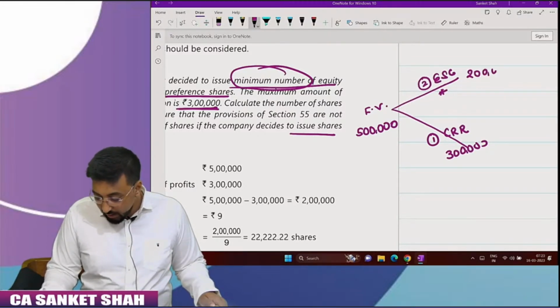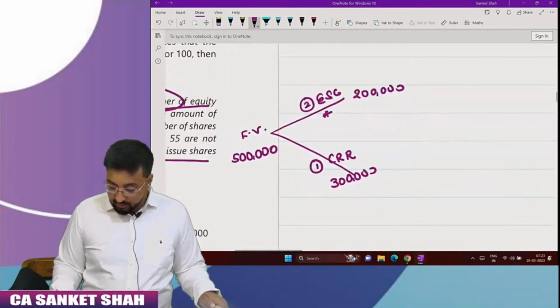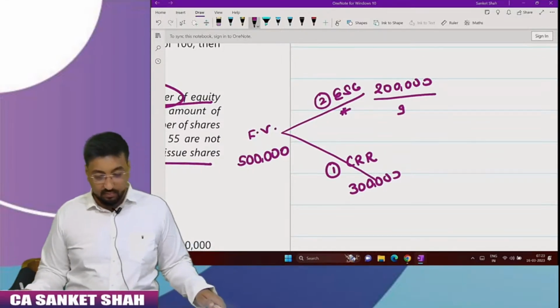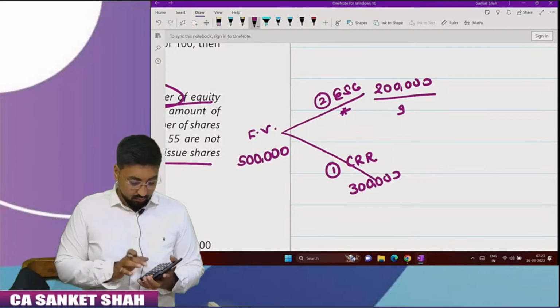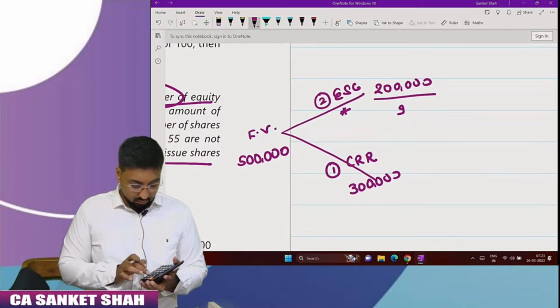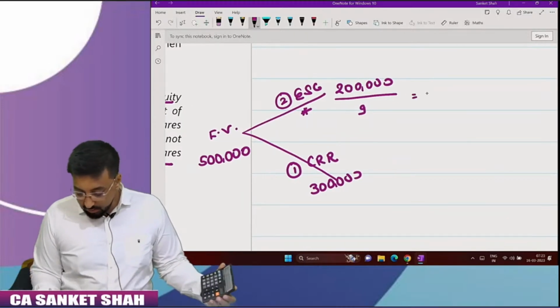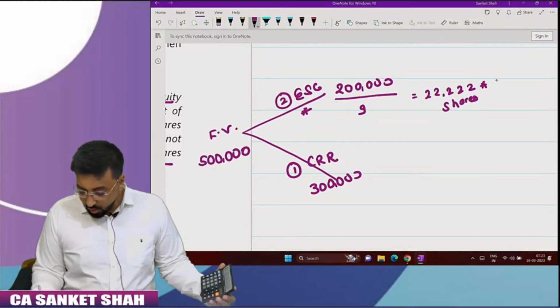What is the amount? 2 lakhs rupees. And how many shares? Divided by 9, so 2 lakhs divided by 9, beta. So here 22,222 shares of rupees 9 each.